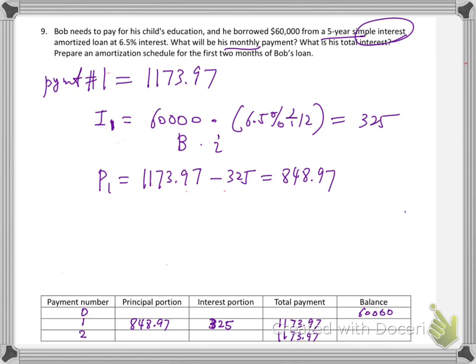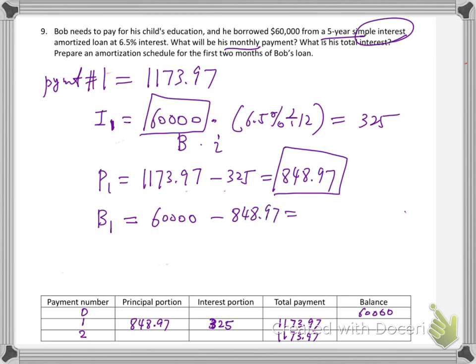So that's the order: you calculate the interest, you calculate the principal, and then eventually we calculate the new balance B1. So what's the new balance? It is the beginning balance minus the principal part you already paid, so the old balance minus the P1.